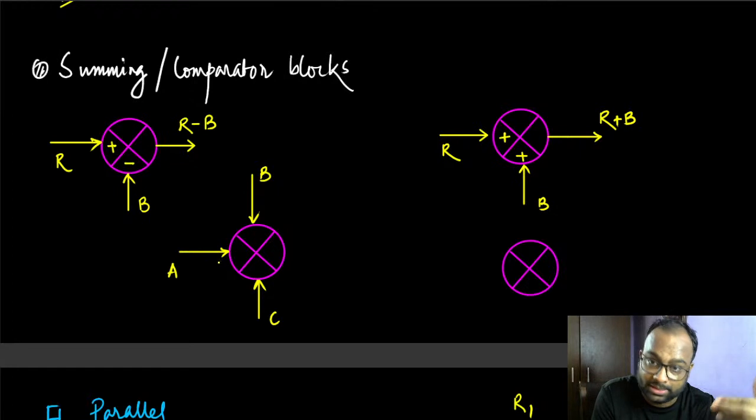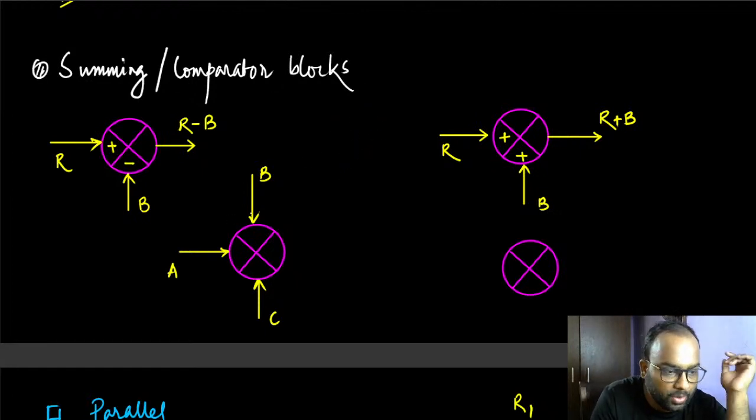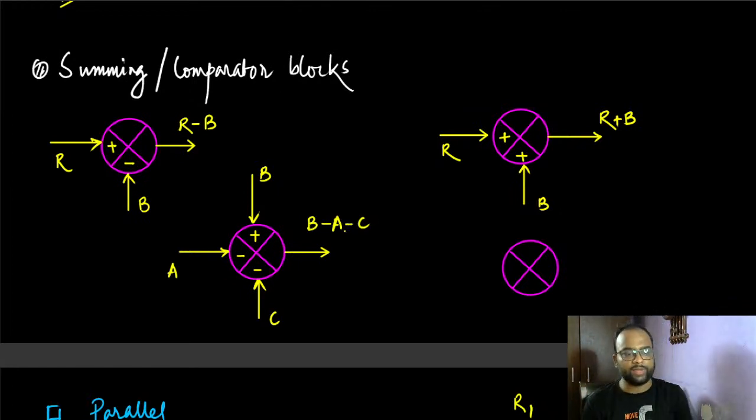I'm writing capital letters, so essentially R is nothing but R(s), or R(omega), which is the Laplace transform of r(t). Don't forget that. Let's say this is plus, this is minus, and this is also minus. Obviously, the output will be B minus A minus C. You understand this, right? This is very easy to understand.